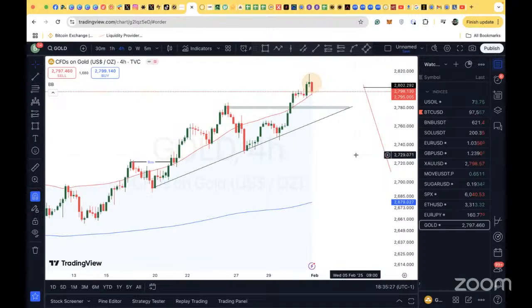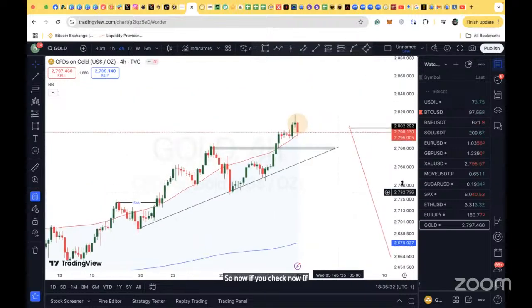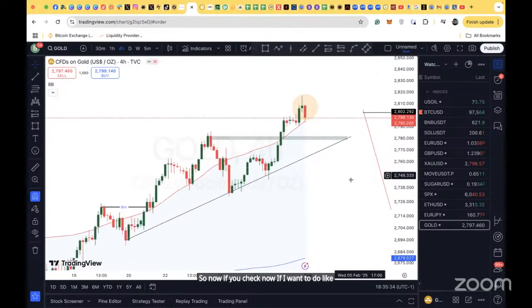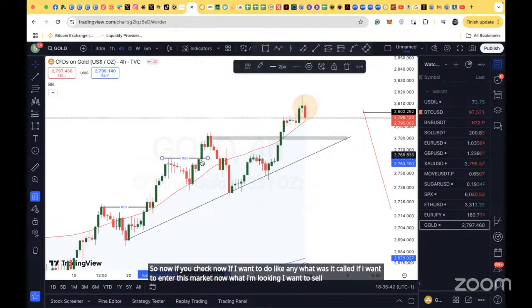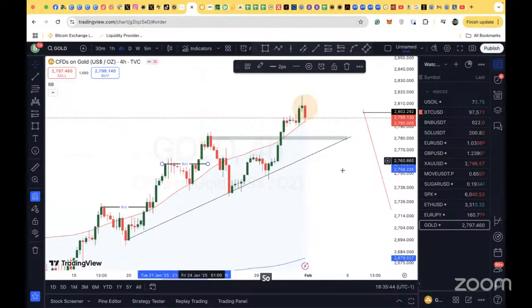So now, if I want to enter this market, what I'm looking for, I want to sell down to this line, to this 2780. Are we together?